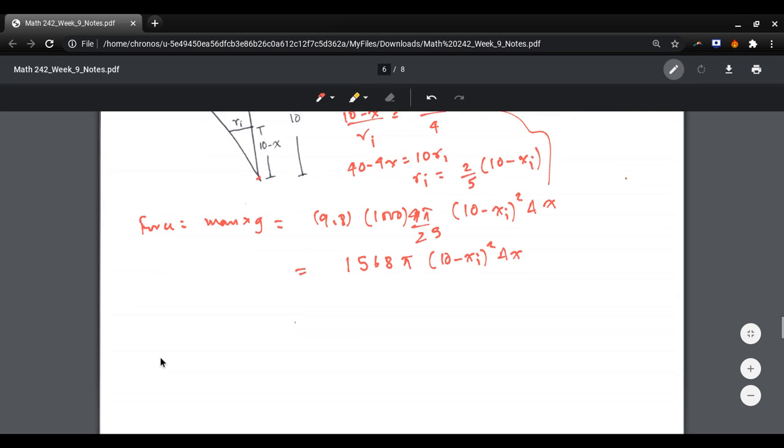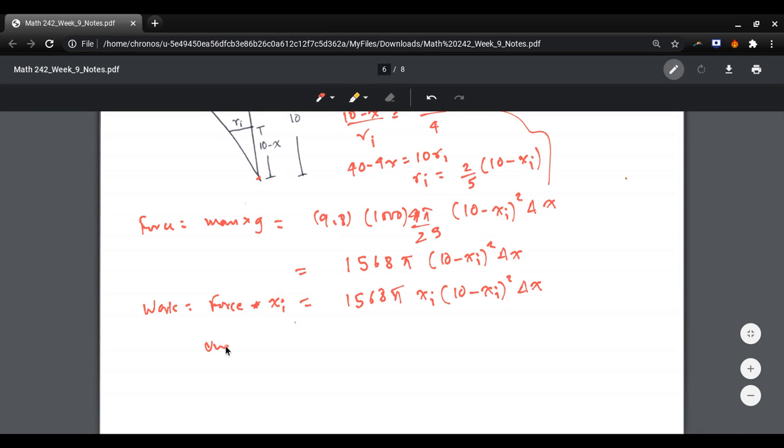But that's the force. Now what is the work done? The work done is going to be the force times the distance to raise that particular layer. Now each layer is at a distance of xi. So the work done to raise that layer is 1568 pi xi, 10 minus xi squared delta x.